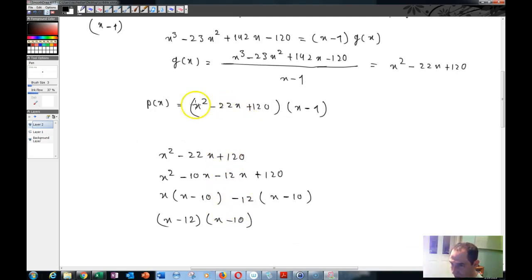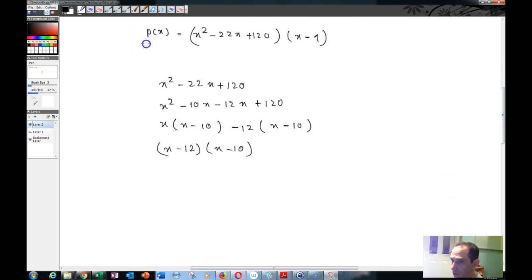So then this polynomial over here, p of x, is equal to the factorized version, which is x minus 12 times x minus 10 times x minus 1.